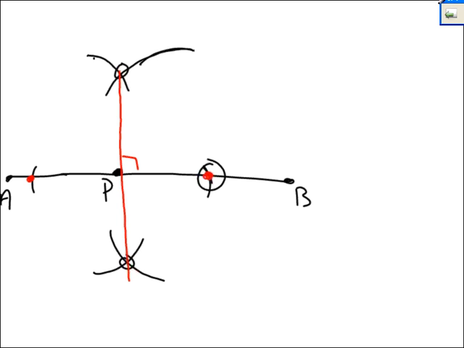P is the midpoint of C and D, but C and D were never part of this line. We just had A and B. So all I asked was, given a line segment AB and P is on the line, draw a perpendicular line through P. And we did.